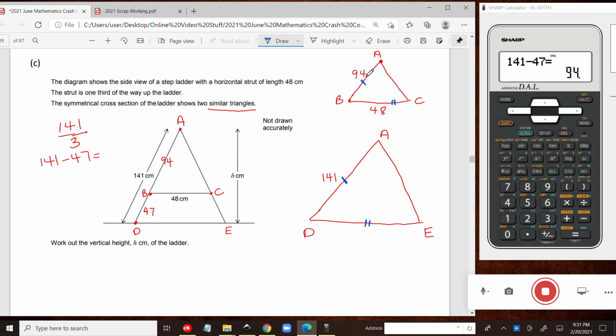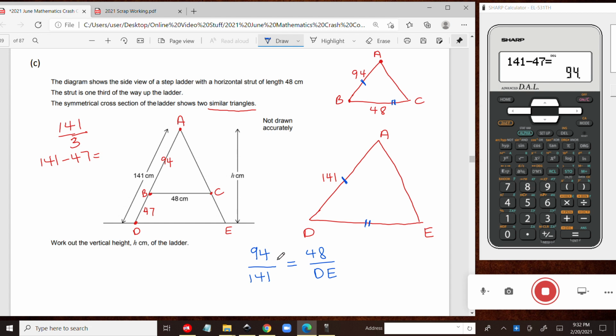What you need to do is take, well, I'll call this the old triangle, so take the value from the old triangle and divide it by the value of the new triangle of the corresponding side. So you can build an equation, right? So 94 divided by its corresponding side is equal to 48 divided by its corresponding side, which we don't know. But now we can just cross multiply and find DE.